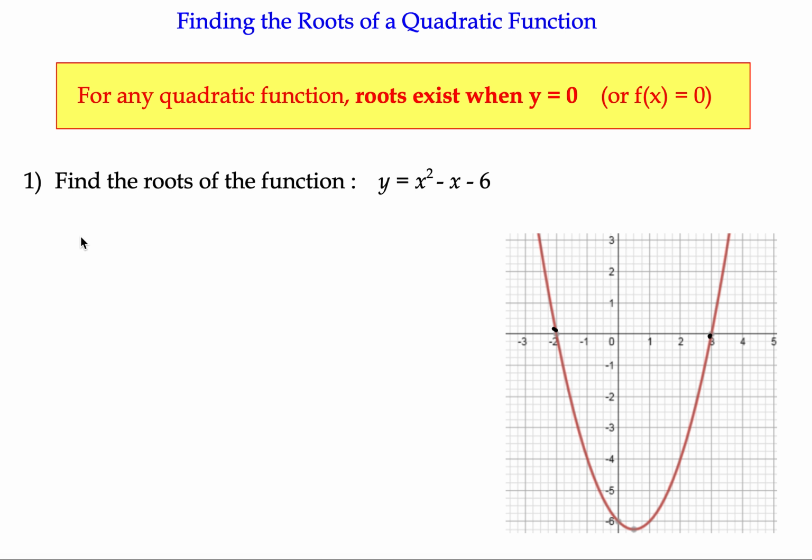So it says find the roots of the function y equals x squared minus x minus 6. What we know is that the roots exist when x squared minus x minus 6 equals 0, because the y number is 0 at both of these points.